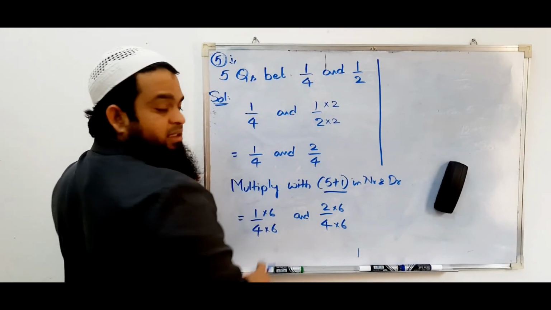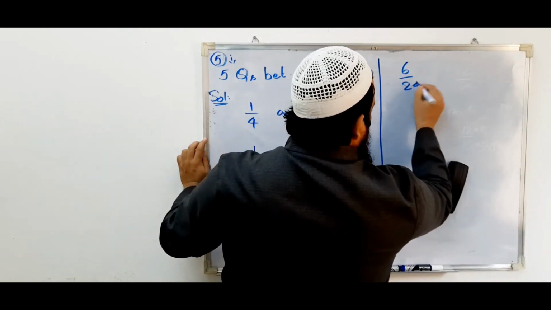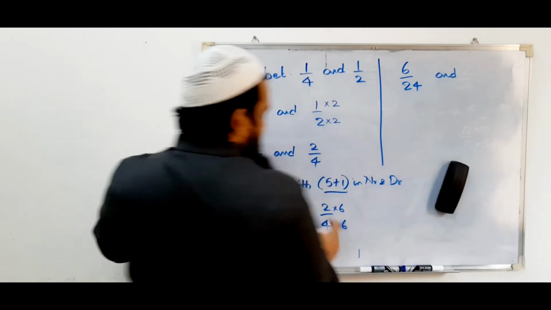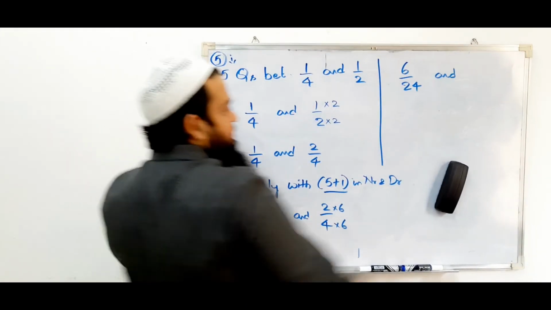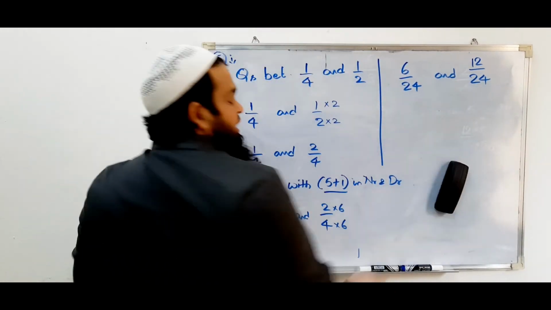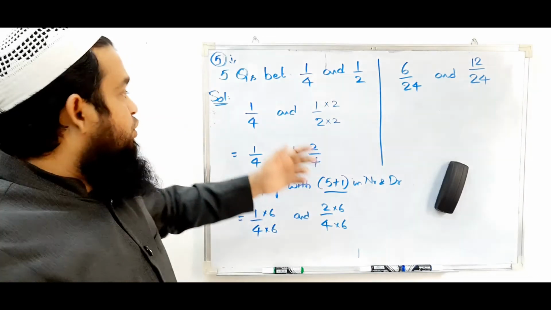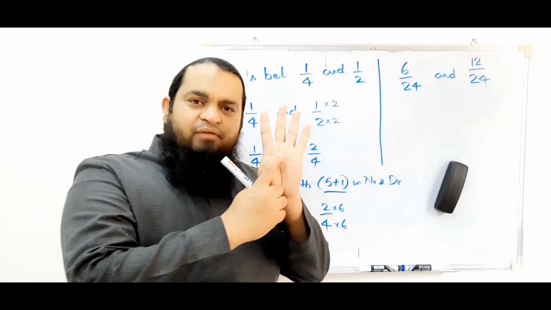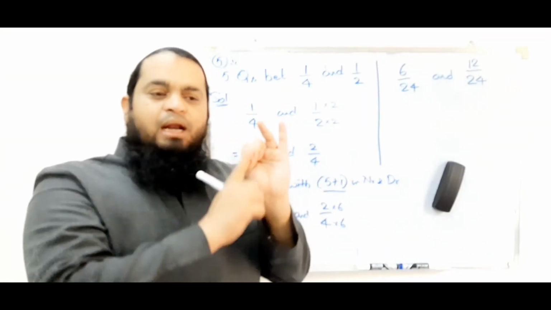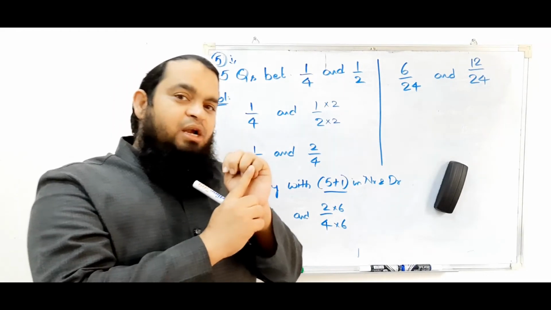So 1 times 6, what happens? 6 by 24. And what about 2 times 6? 12. 12 by 24. So since denominators are equal, now you can find out rational numbers between these two. What are there? 7 by 24, 8 by 24, 9 by 24, 10 by 24 and 11 by 24.